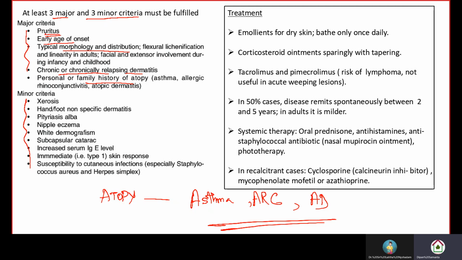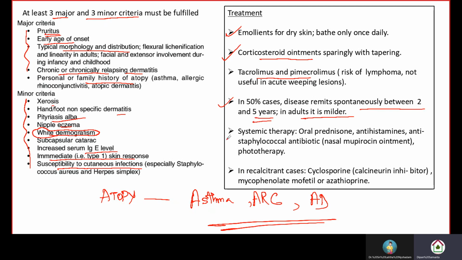Okay, and minor criteria are increased serum IgE level, immediate type 1 skin response, susceptibility to cutaneous infections, white dermographism, nipple eczema, pityriasis alba, hand foot dermatitis, xerosis. Treatments are very important: emollients for dry skin, corticosteroid ointments, tacrolimus. In 50% of cases, disease remits spontaneously between 2 to 5 years.